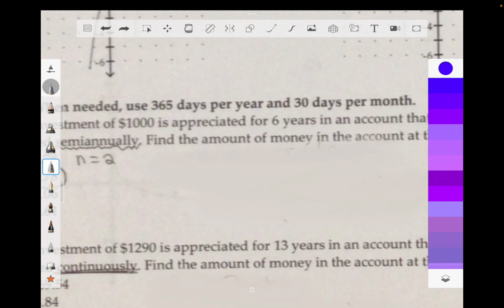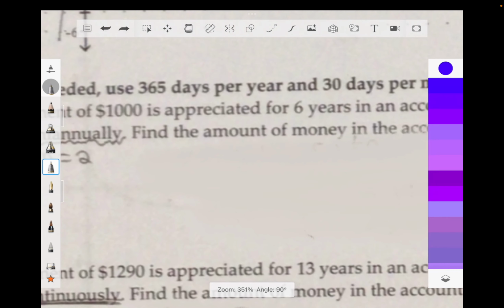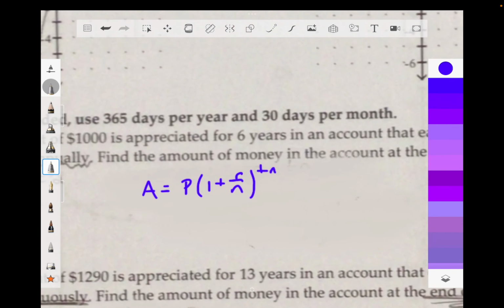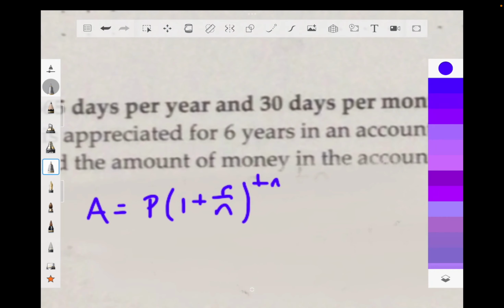For these, I would say use the equations that's given to you. So it's A equals P times (1 plus R over N) to the T times N. Where T is time, N is the number of periods that pass, P is your initial amount, R is your interest rate, and N is your amount of time.